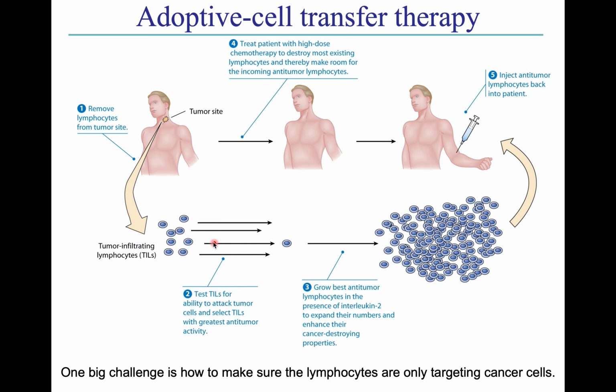So you're going from a few very active immune cells to a big army of active immune cells. But there's a bit of a risk here. How do you make sure those lymphocytes are only targeting cancer cells? Because if those lymphocytes are potentially targeting other cells, other normal tissues, you could have a catastrophic effect when you reintroduce this amplified number of those immune cells.